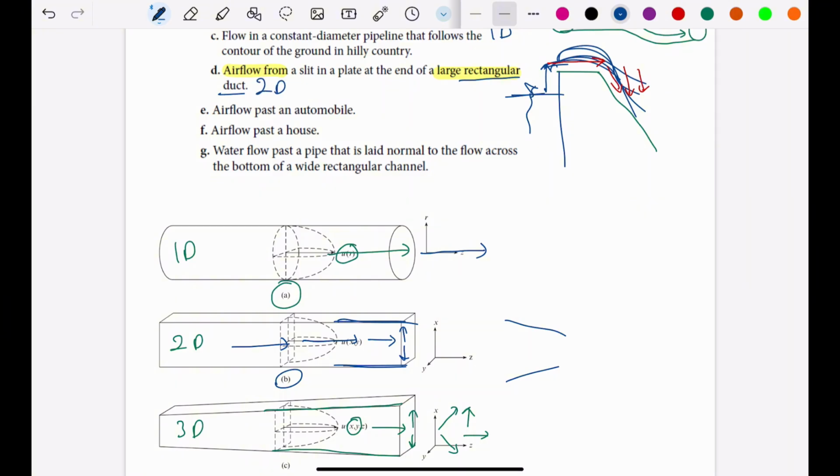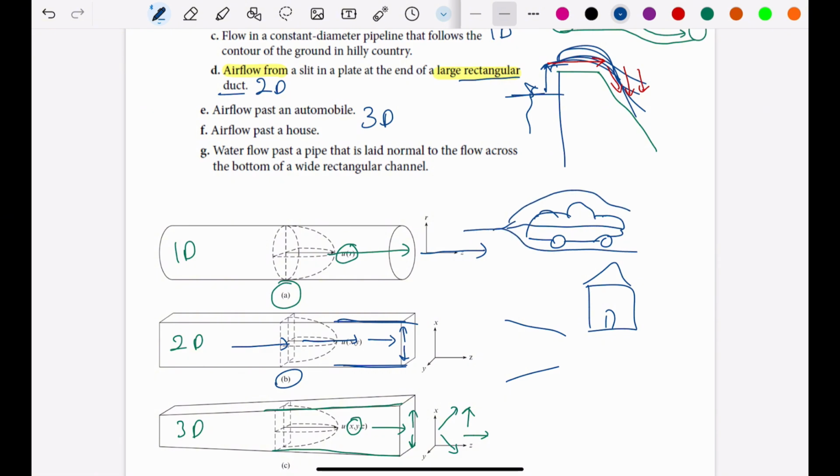So airflow past an automobile and airflow past a house, these are 3D because, for example, let's say we have this car, and let's say we have this house, and when we have water around this house or automobile, they can actually move in this streamline direction.